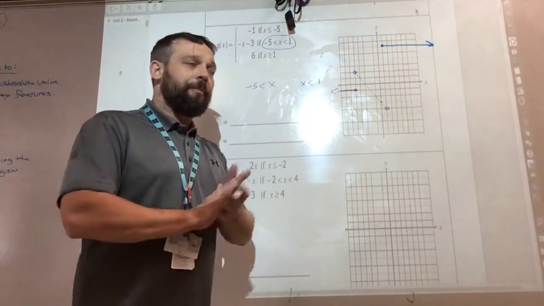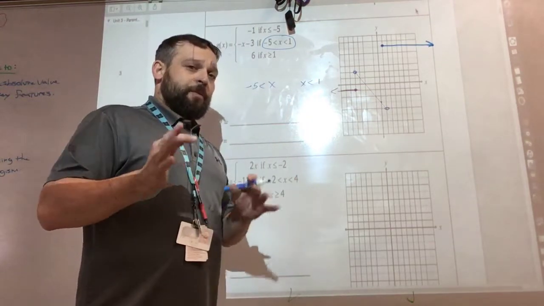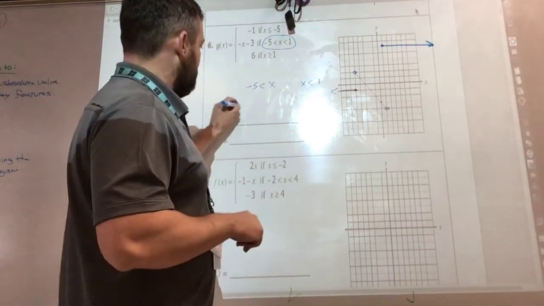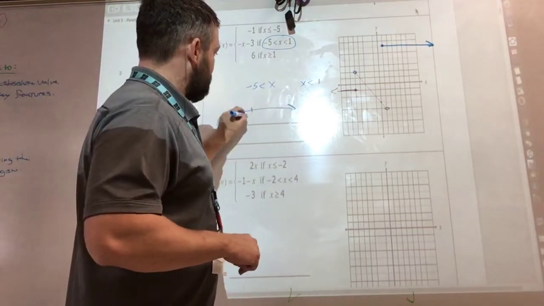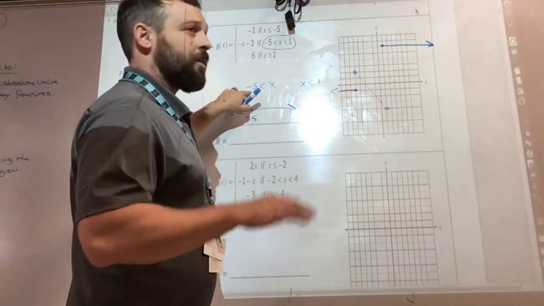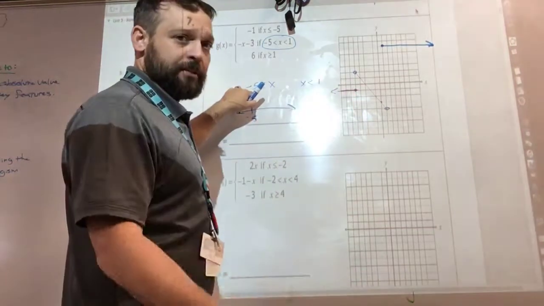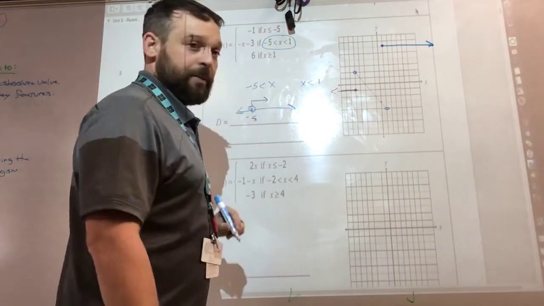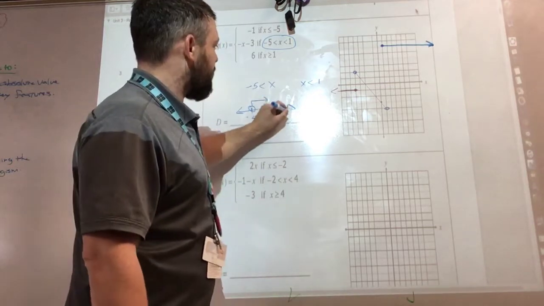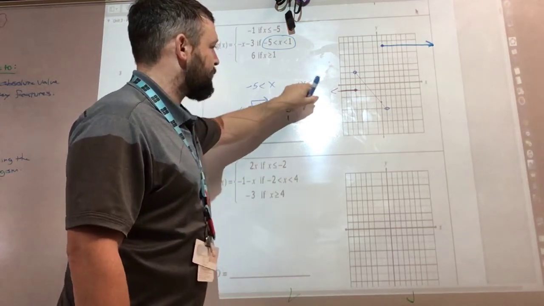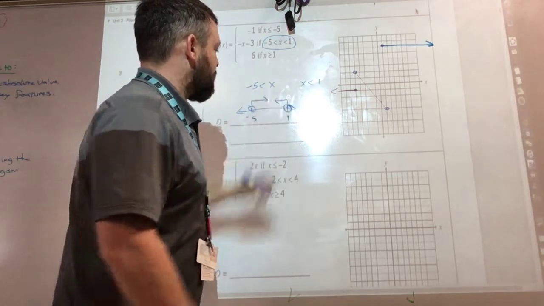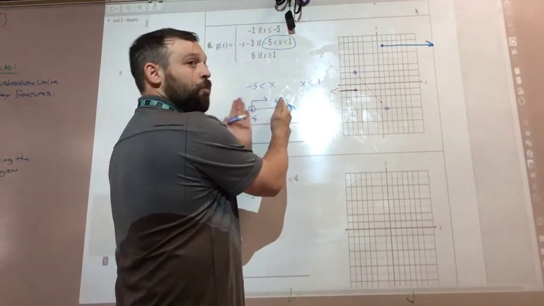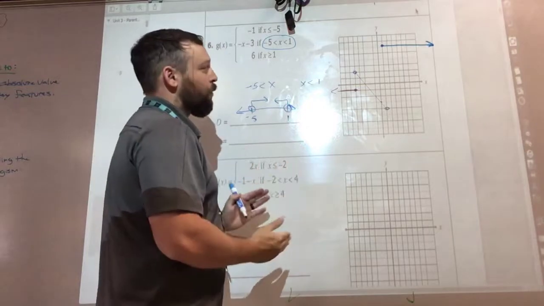If you were doing this on a number line, here's -5. So -5 is less than all the x values, which means it's an open circle going this way. And then if you had 1, x is less than 1. It would be everything in between -5 to 1.